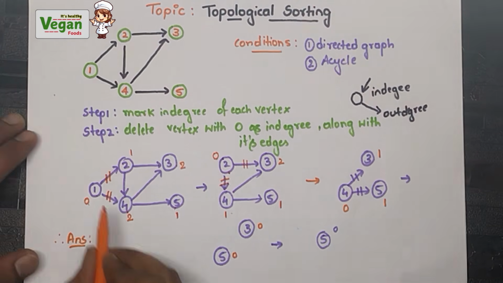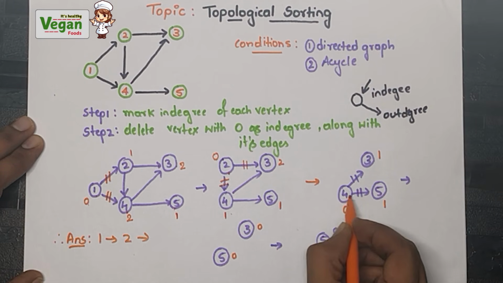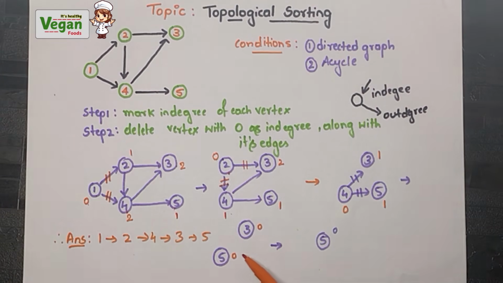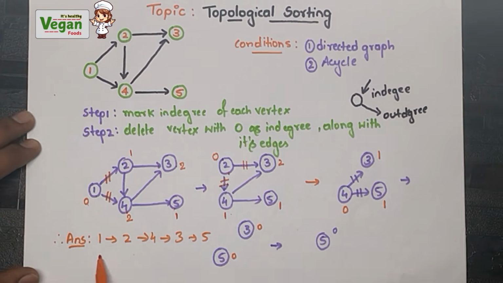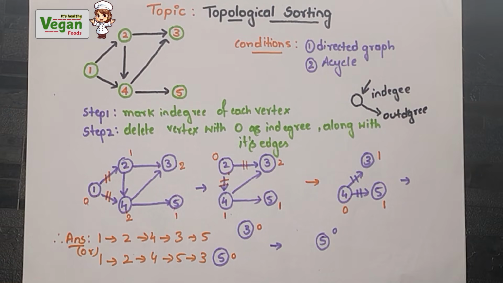First we deleted vertex 1, then vertex 2, then vertex 4, then vertex 3, then vertex 5. If I deleted 5 first and then 3, the answer would be 1, 2, 4, 5, 3. Both will be correct answers.